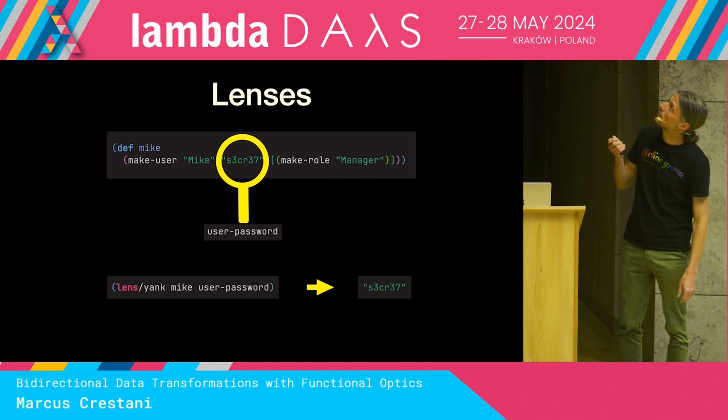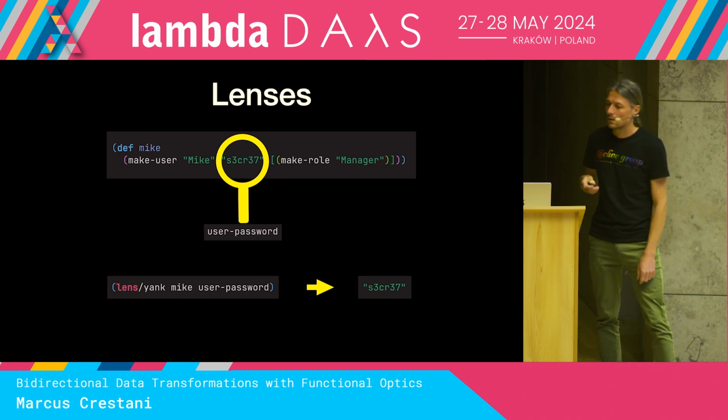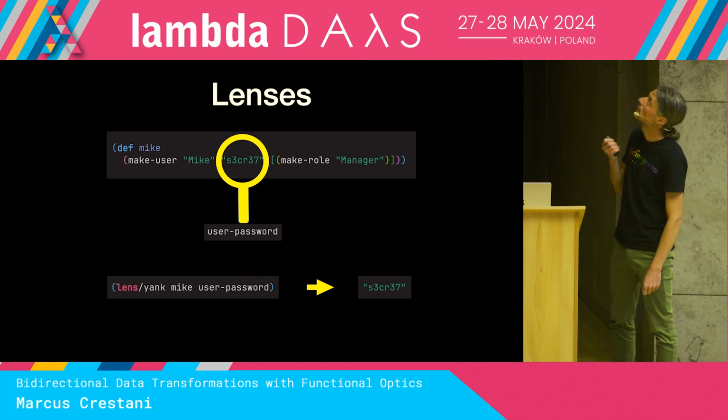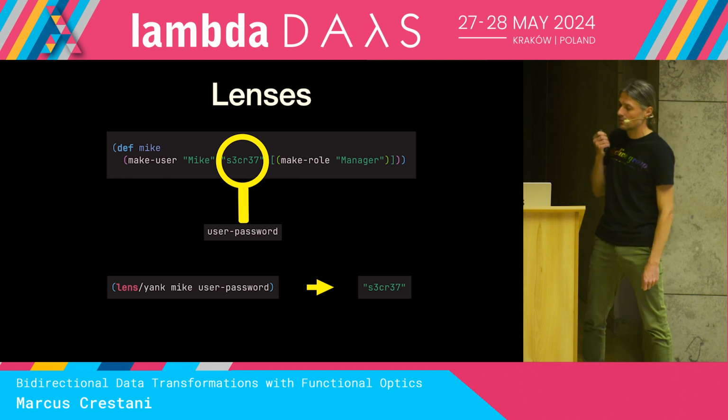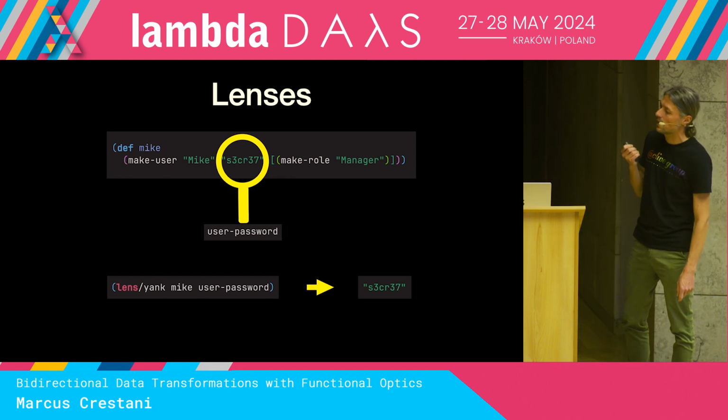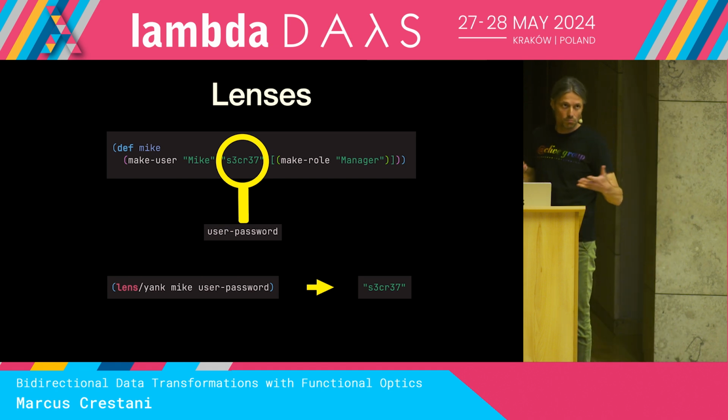Here, the call to lens/yank, with the arguments Mike, our example user, and the lens user-password, returns Mike's secret password. The syntax lens/ references the namespace of our lens library.